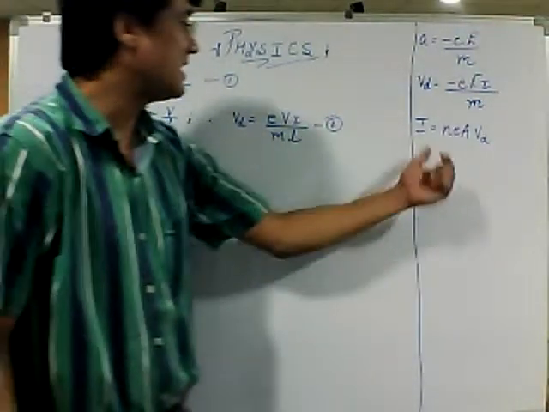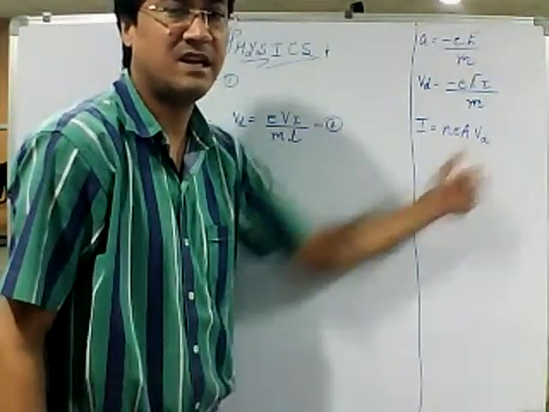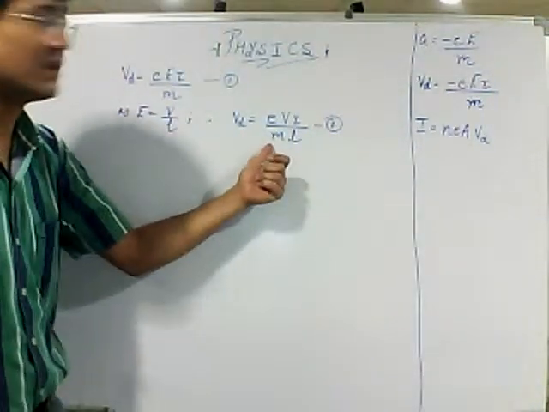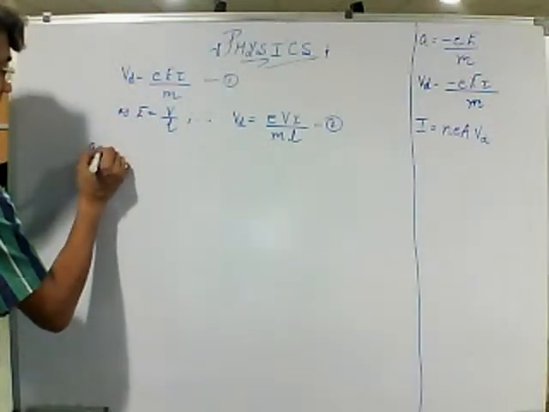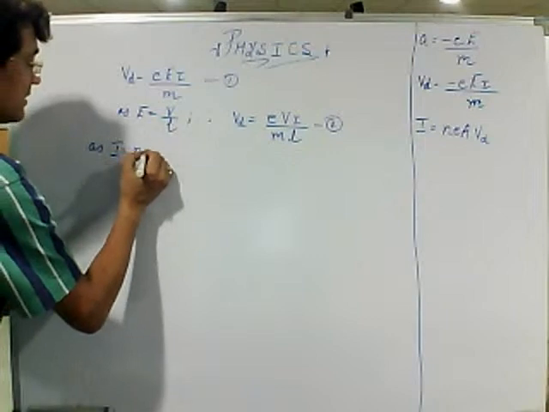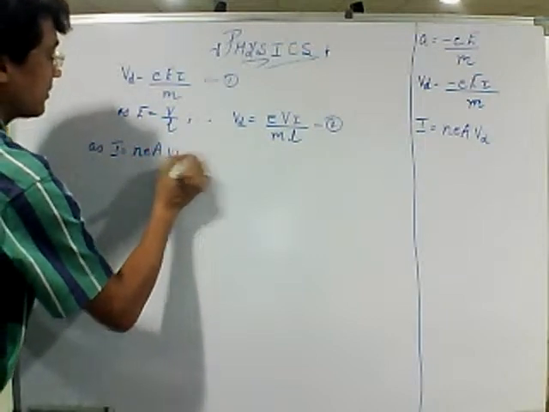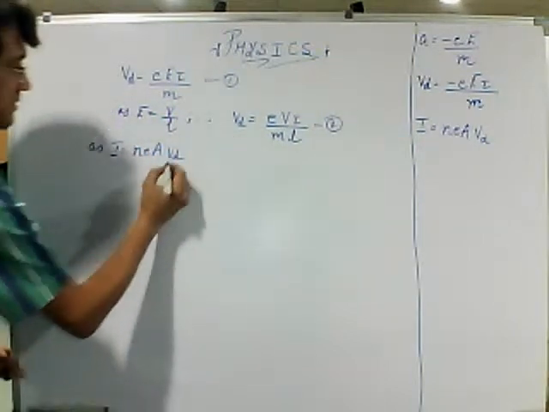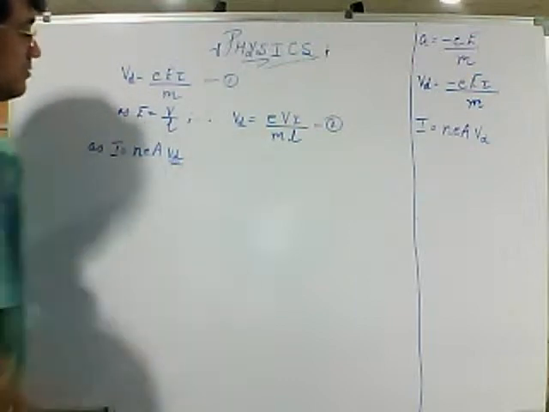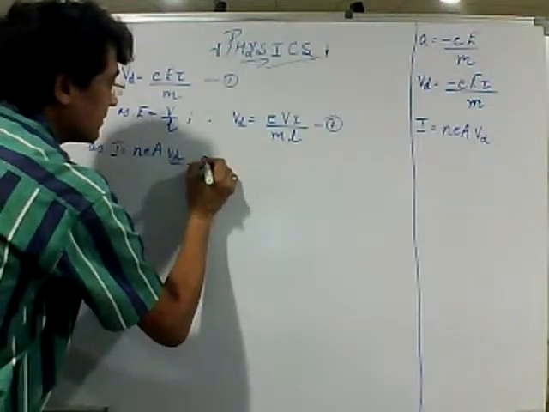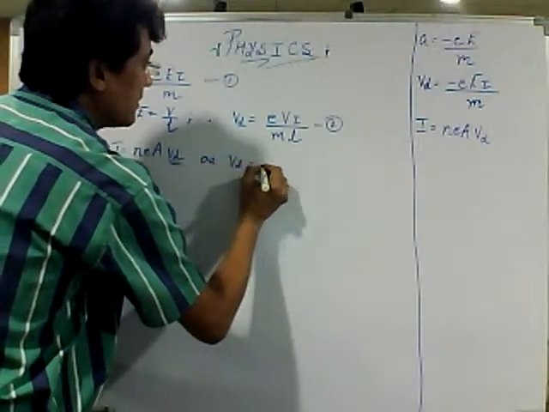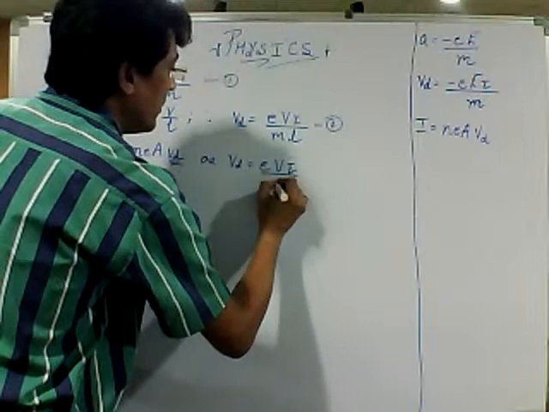Now we know current I is NEAVd, and Vd expression I got, so I can replace it. Current I is given as NEA into drift velocity Vd. So I can replace this drift velocity over here from equation number 2. So what I'll get as Vd is equals to eV tau by mL.